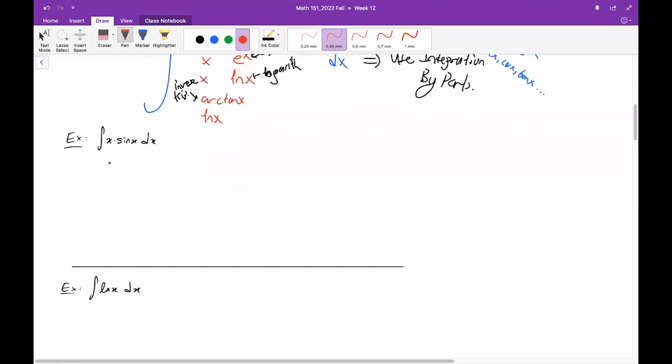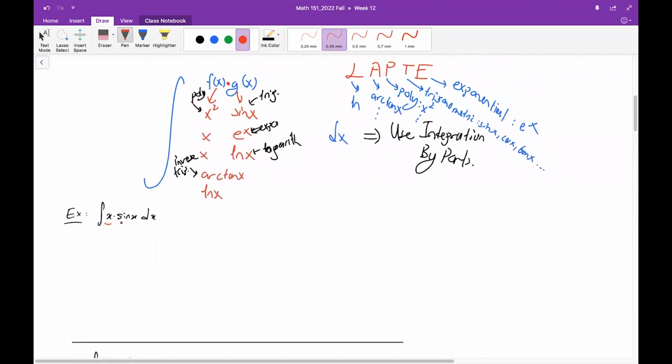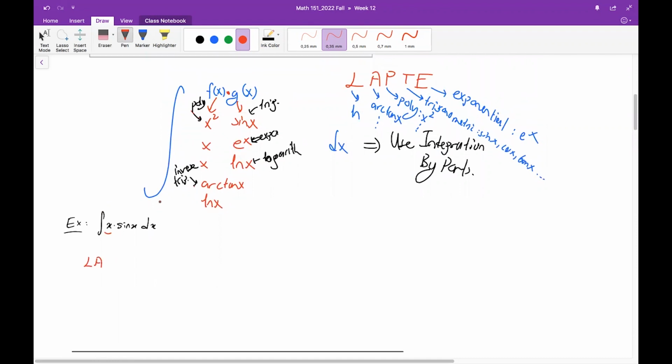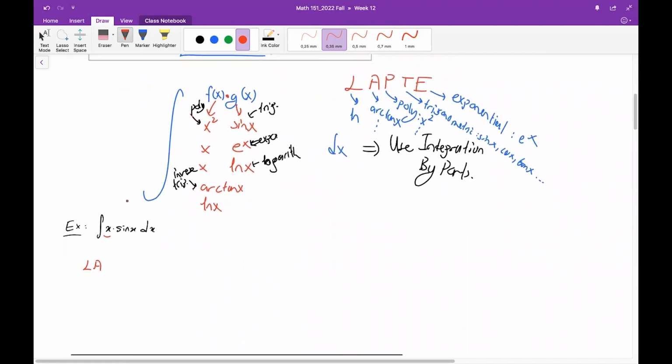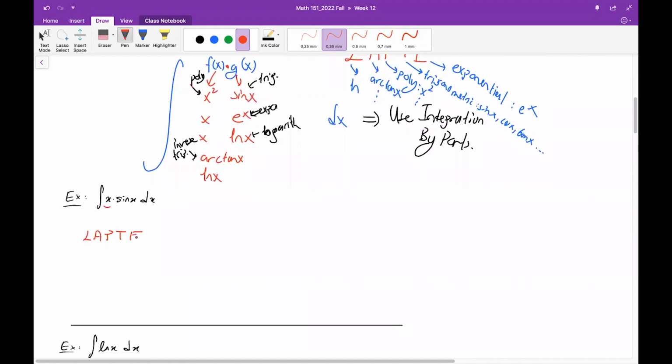This is the formula for integration by parts. Okay, look at our first example. We have a polynomial times a trigonometric function, right? So which one to choose as u and which one to choose as dv? The answer to this question is given by the shortcut. Which function comes first in this shortcut?